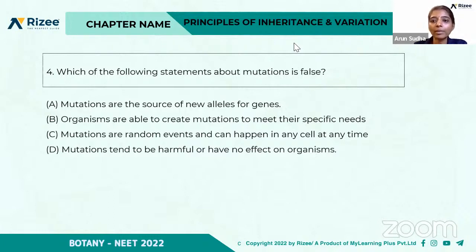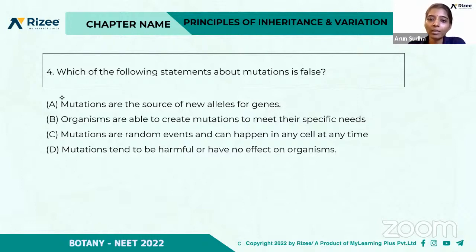So which of the statements is a false statement? No, it's not B. You go through the statements, no? Yes, B. So now you're able to find out, right? So B is the right answer.